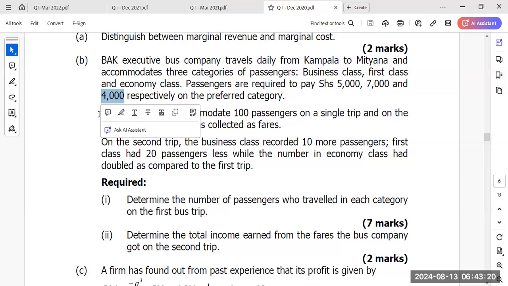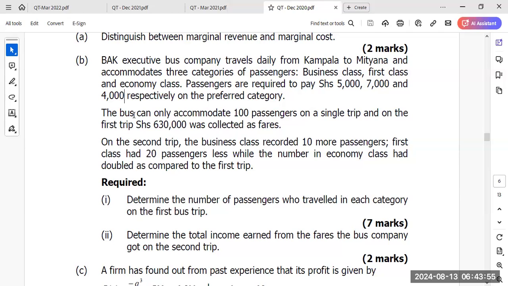4,000. Okay, the bus can only accommodate 100 passengers on a single trip. Remember, a single trip, they are telling you, can only accommodate 100 passengers. In this trip, a bus can accommodate 3 categories of passengers: business class, first class, and economy class.